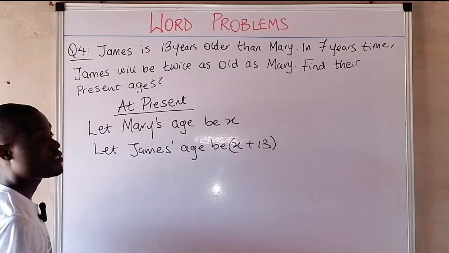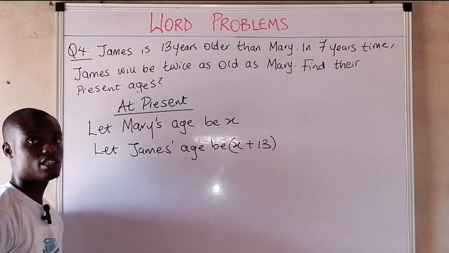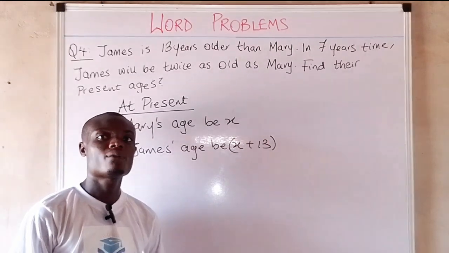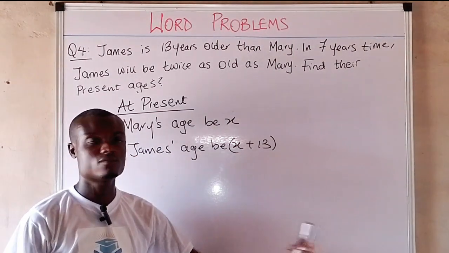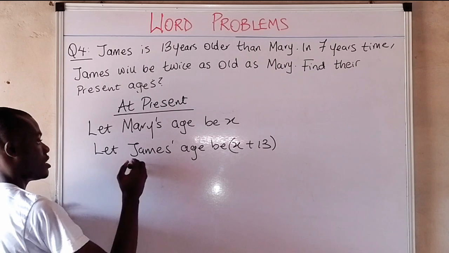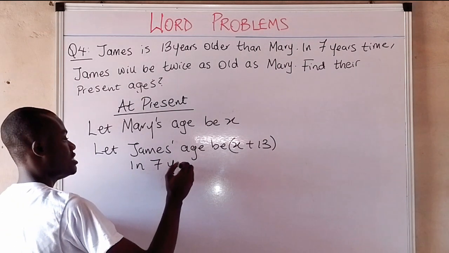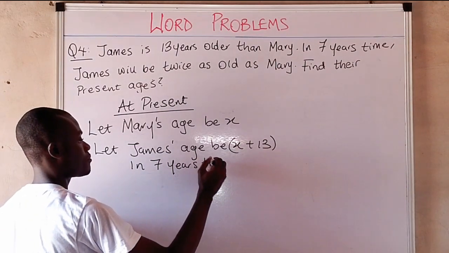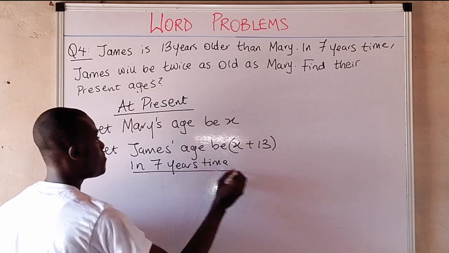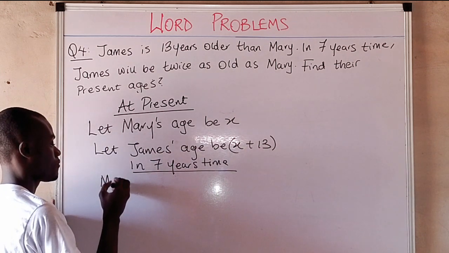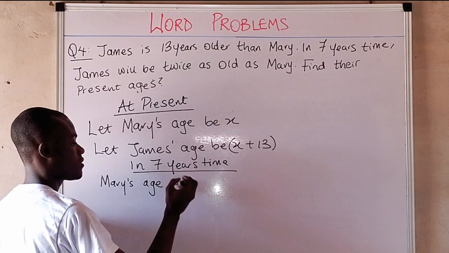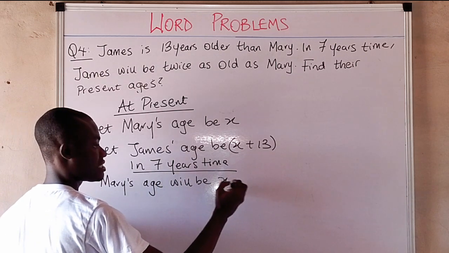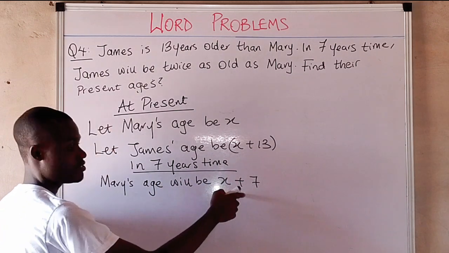So now the second part of the question says in 7 years' time. In 7 years' time, let's just say I am 10 years. In 7 years' time, I'll be 10 plus 7, that's 17. So in 7 years' time, it means that Mary's age will be X plus 7 in 7 years' time.